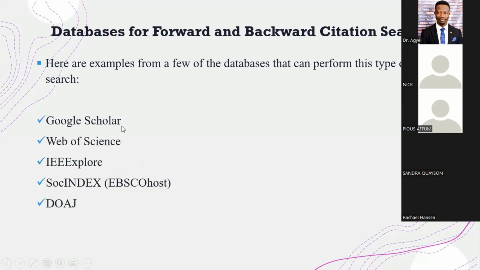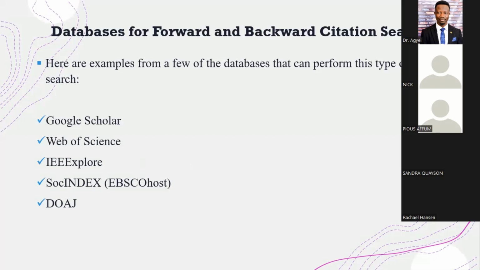Okay, so we have Google Scholar, which is a good database. We have Web of Science. We have IEEE Xplore. We have EBSCOhost. We have DOAJ, and then Scopus also is a very good source. Okay, so all those indexes in these host databases are very good for our studies.